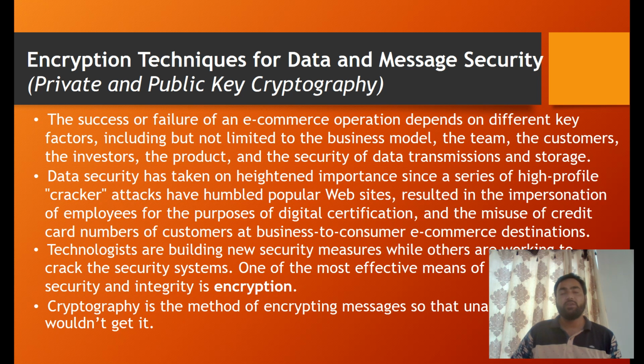In cryptography, basically what we do is provide the actual message to the encryption scheme, and the encryption scheme uses a particular key, and that key is used to encrypt the message into an ununderstandable format. This message is sent over the network so that unauthorized users can access the message but cannot understand it.